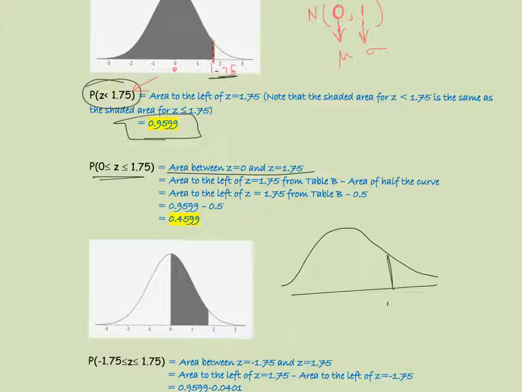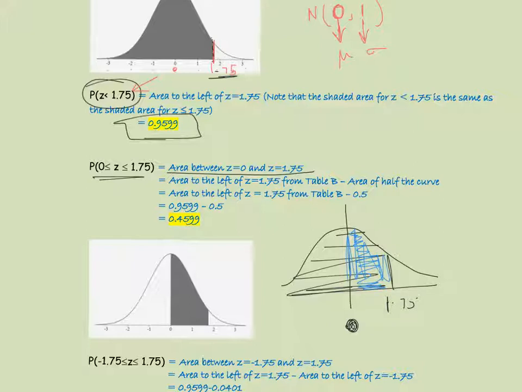Let's say this is 1.75. That's the total area to the left of it. But now we want the area only up to a certain point. So this is 0 and this is 1.75. We only want the area between 0 and 1.75, just the blue area.